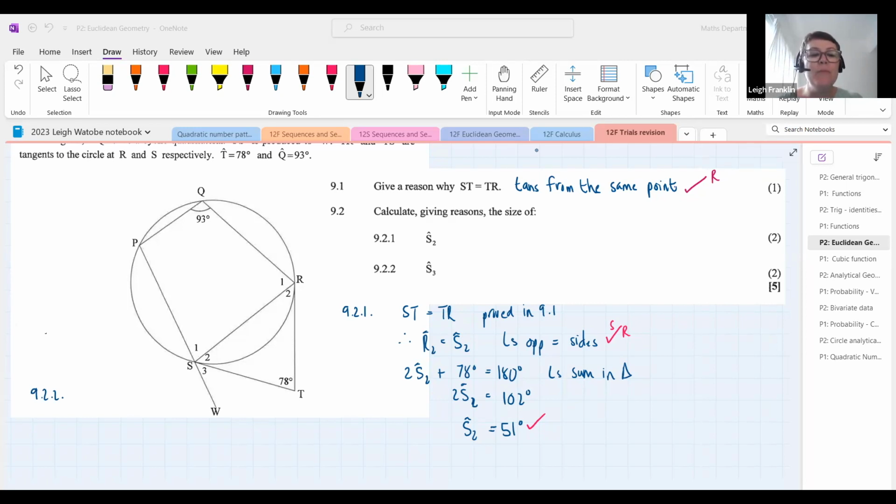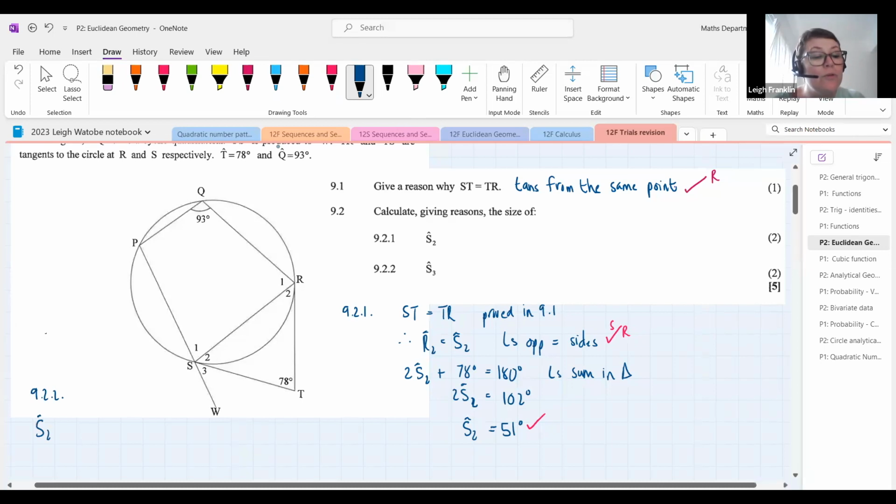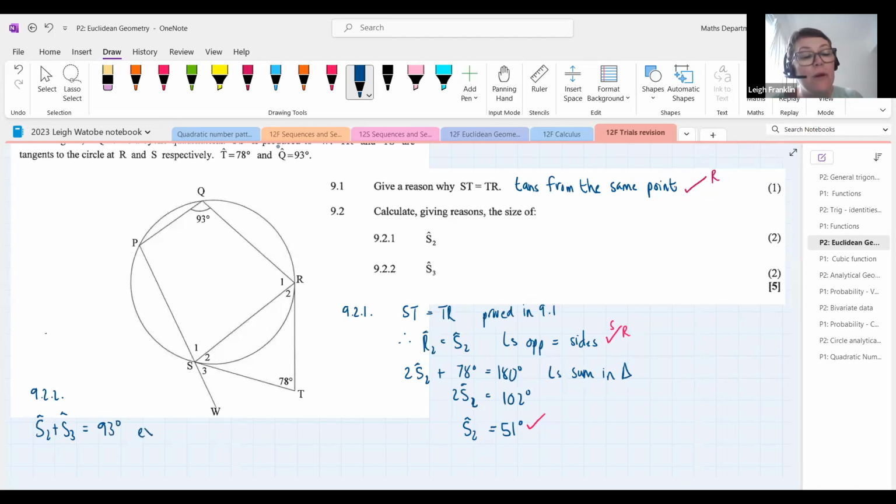All right, do you remember in the beginning I gave Leanne that explanation why Q was equal to S2 plus S3? Do you remember that? That's it, Leanne. So S2 plus S3 equals 93, exterior angle of cyclic quad.